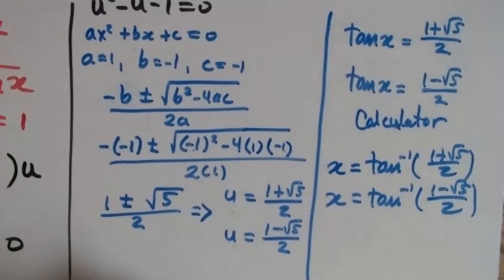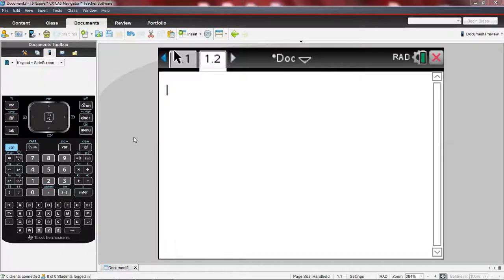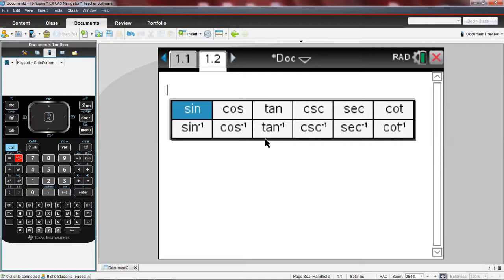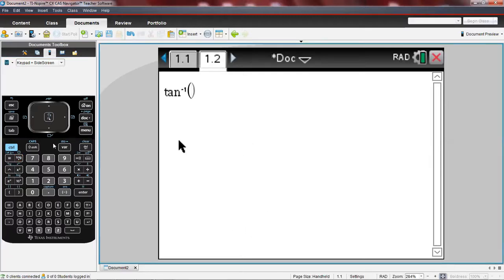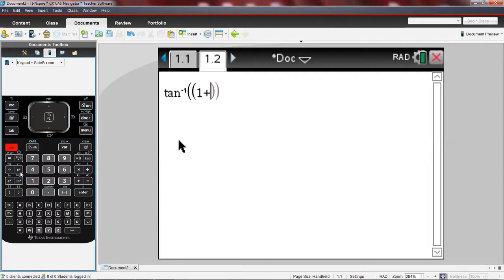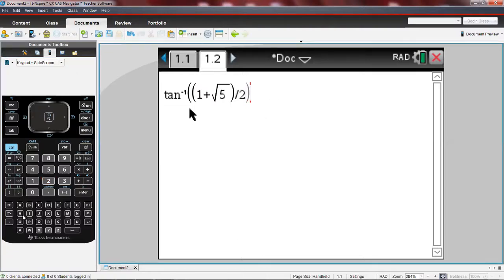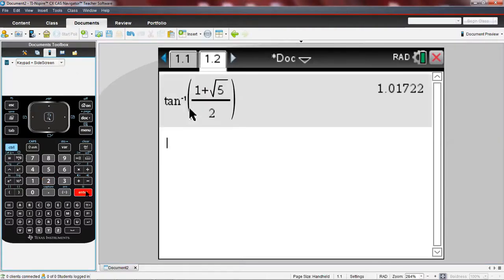Okay, so share the calculator again. Then I'm going to put here trig, tangent, and then parentheses, 1 plus control square root of 5 over 2. I press Control Enter, and I get 1.01722.